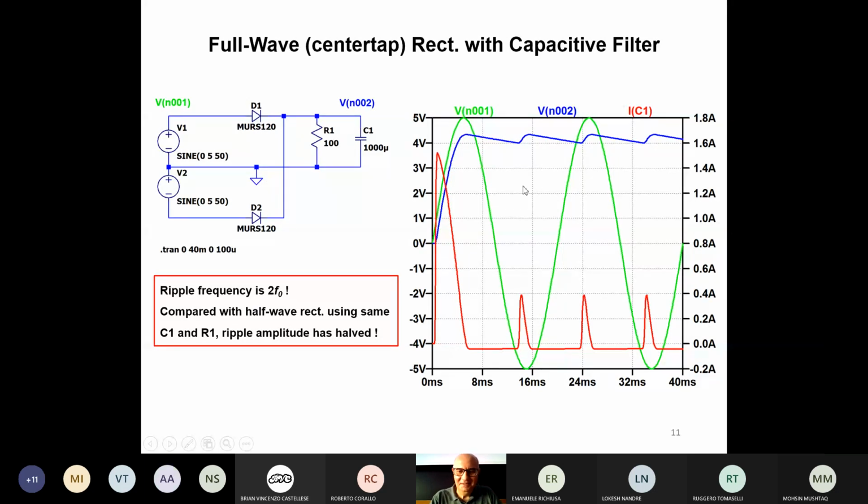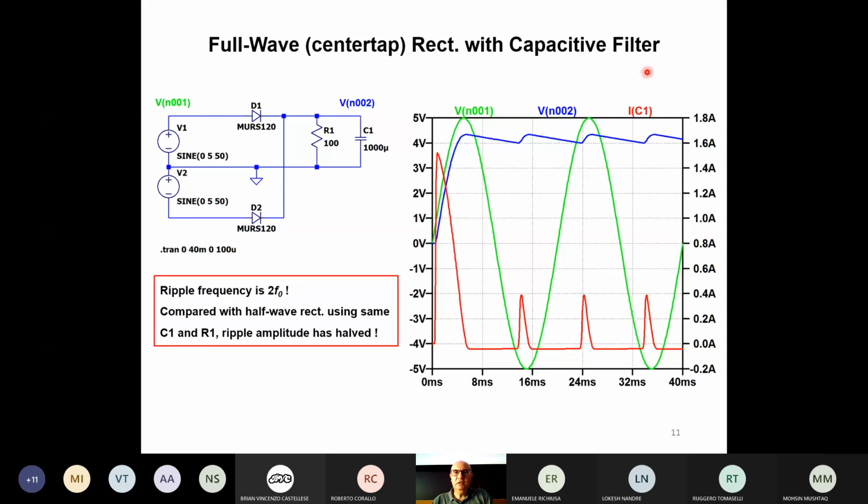Okay, so we continue the discussion we started 2 days ago, on Tuesday. At that time, we were considering a full wave rectifier with already a capacitive filtered output.